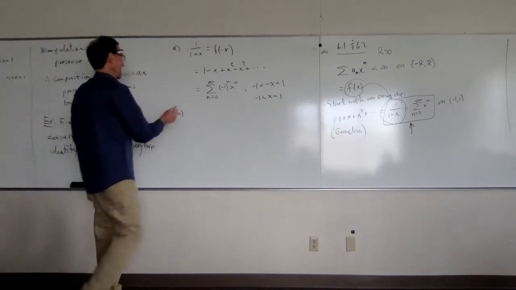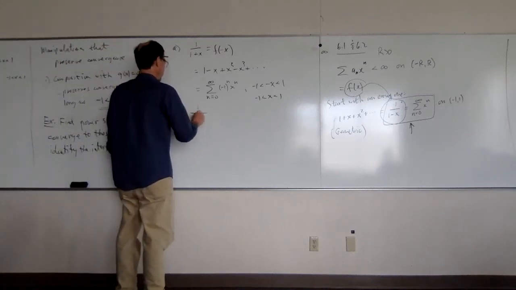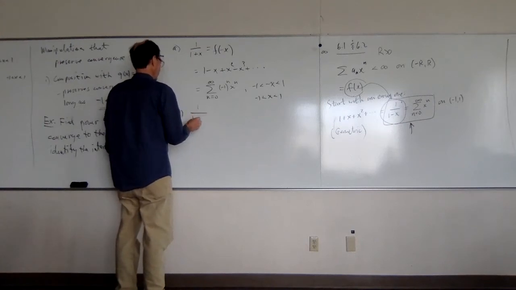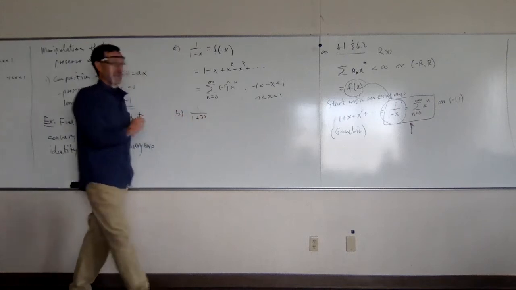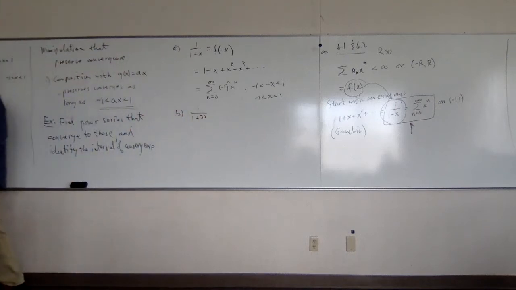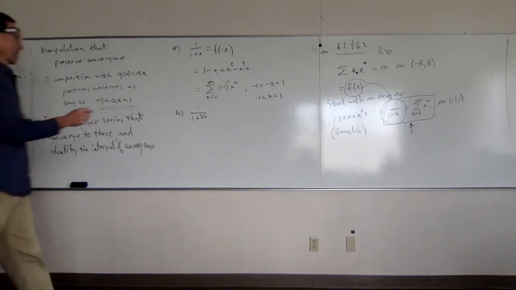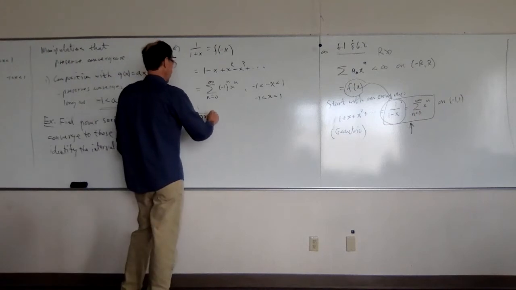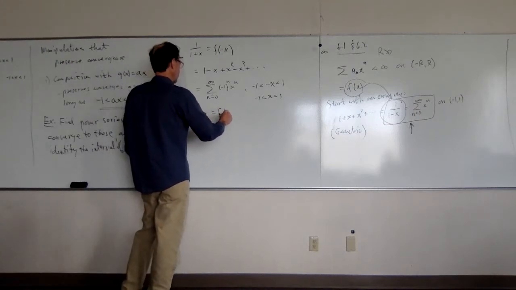All right, let's find one for 1 over 1 plus 3x. You just substitute x for 3x, maybe the other way around.